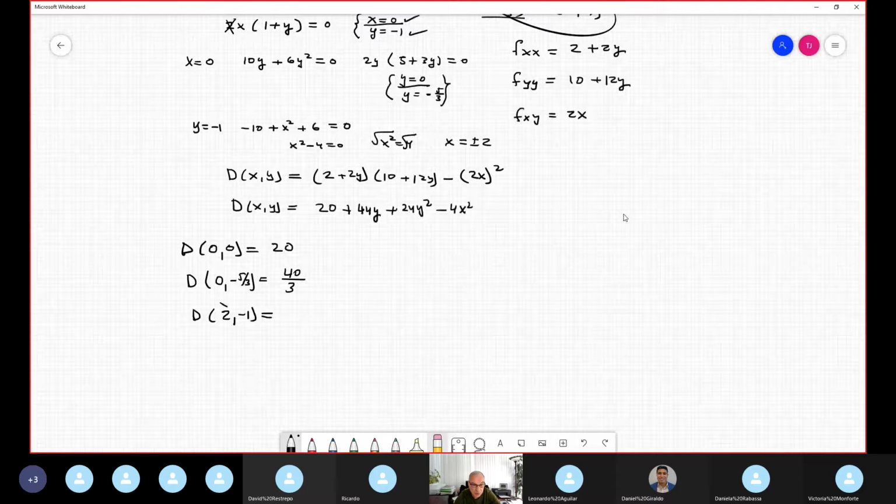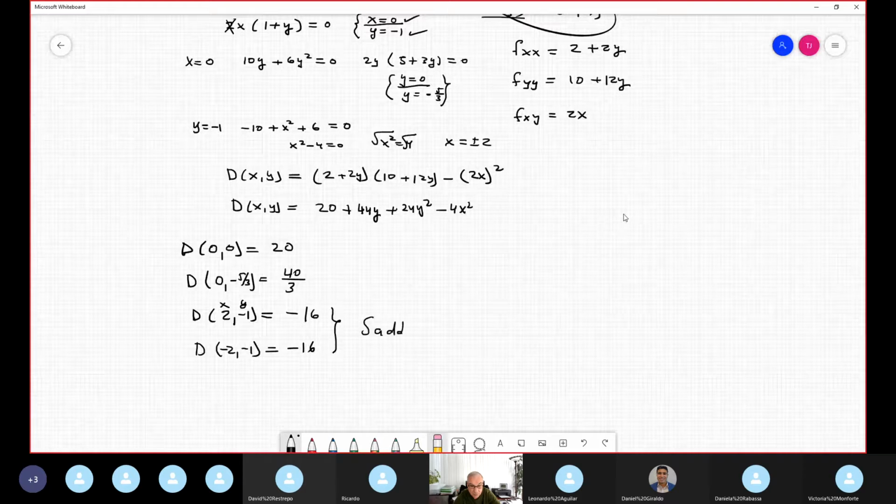Okay, substitution. This is x, this is y. The answer is -16. And you evaluate D at (-2, -1), and the answer again is -16. Wow. Okay, entonces, for sure, when the discriminant D is negative, ese es saddle point. A saddle point, no maximum, no minimum.